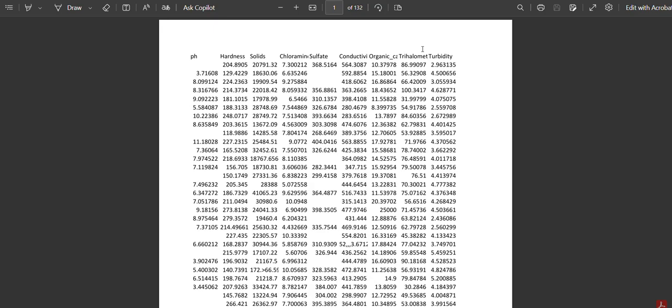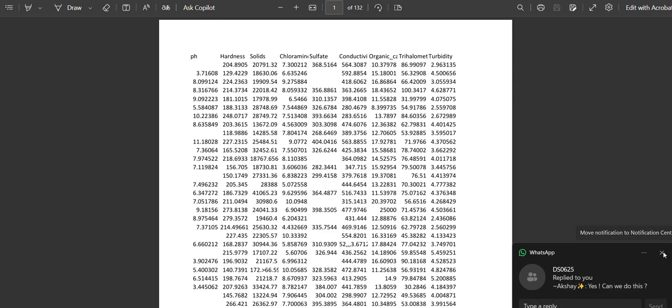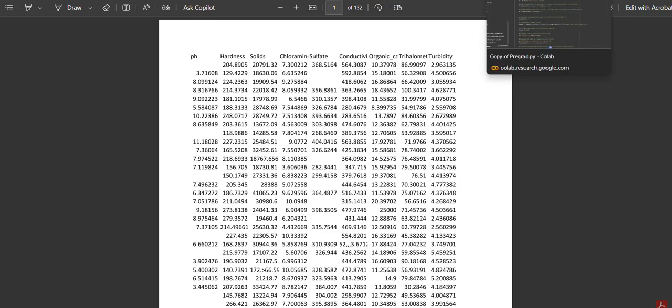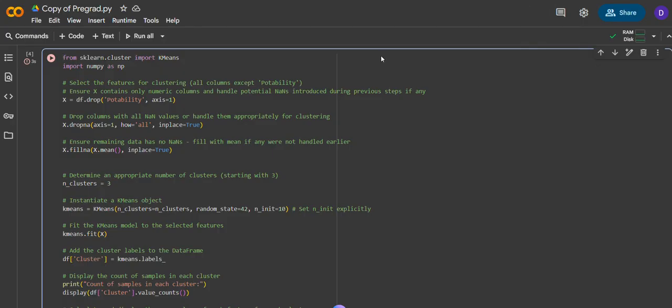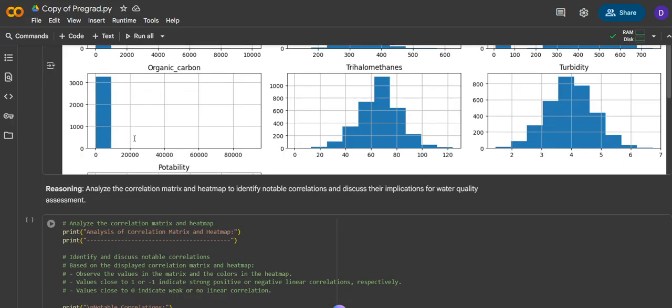That is the first step which I have done in the process of data analysis. Data analysis is a very important point, and today I am going to show you how I have done the data analysis for this. Now, let's move back to what I have done.